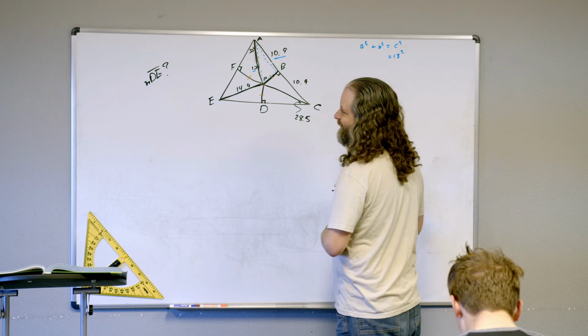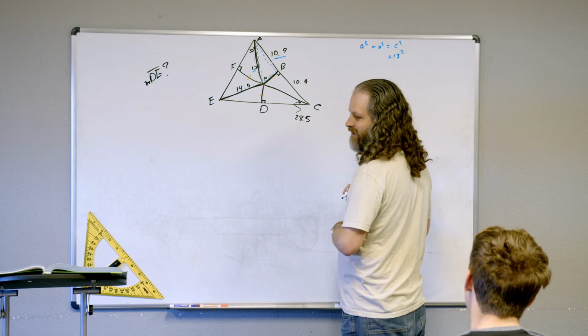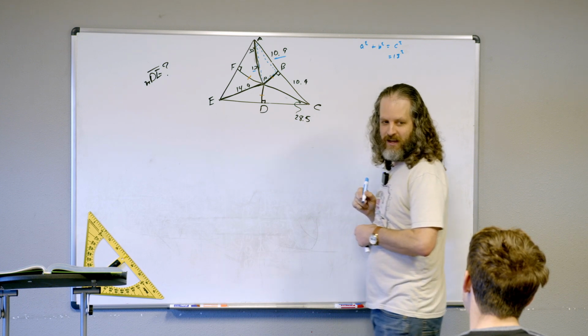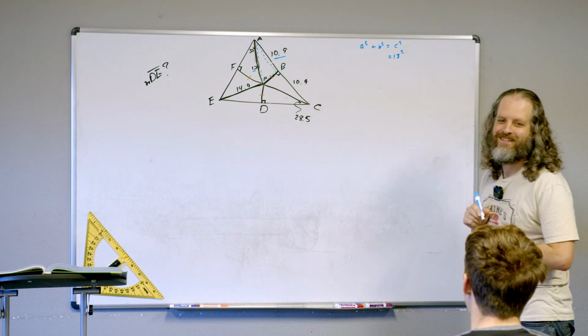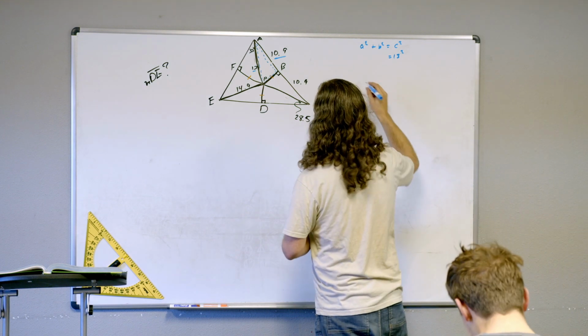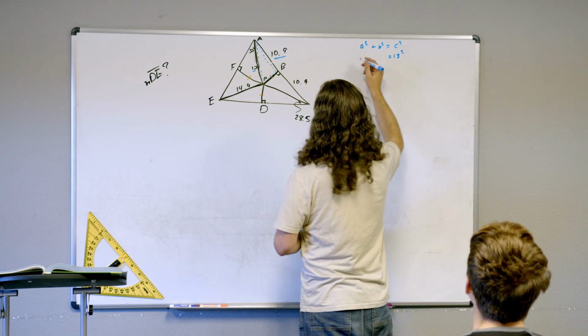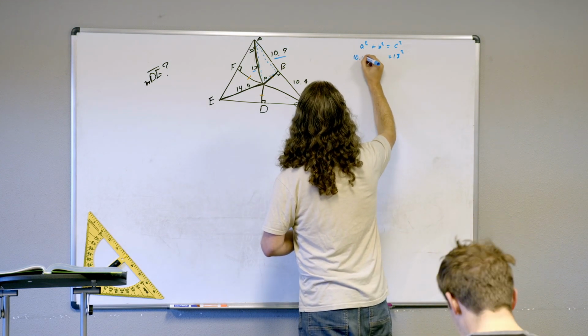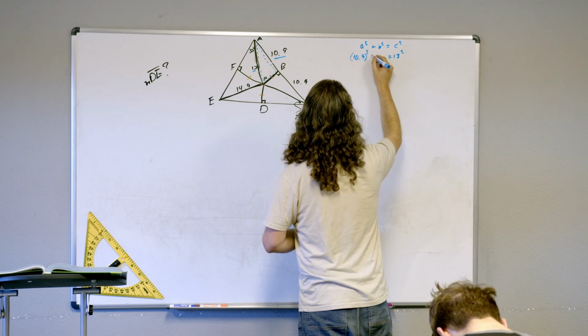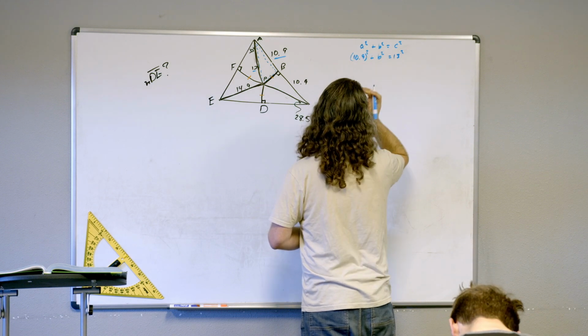A squared plus B squared equals C squared. Pythagorean theorem, yes. Not Pythagoras theorem. 10.9 squared plus b squared.